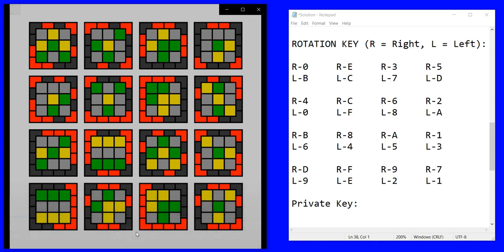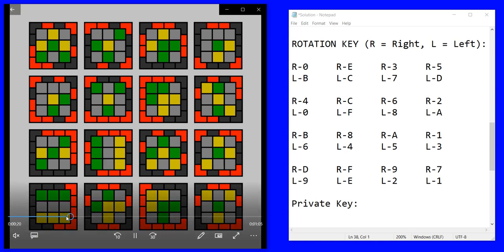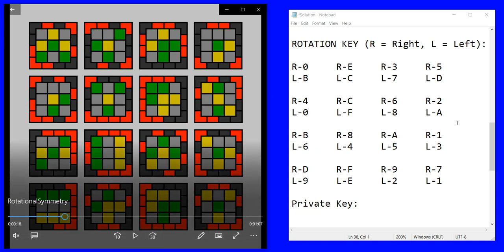It rotates left 90 degrees, and if we play that again, notice that the two isolated red rectangles start in the upper right and they switch to the left. So there they are in the initial position. They go here. That is a 90-degree rotation to the left. So based on the associations in this key, that will correspond to an A in the private key. So this starts with an A.